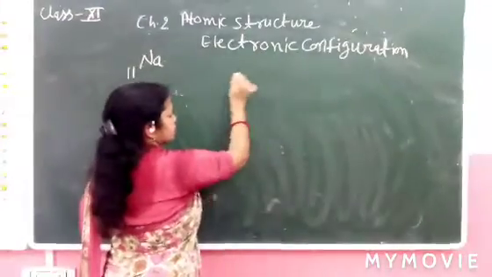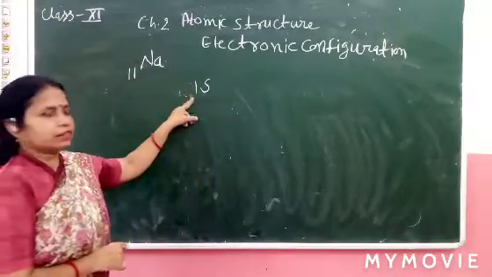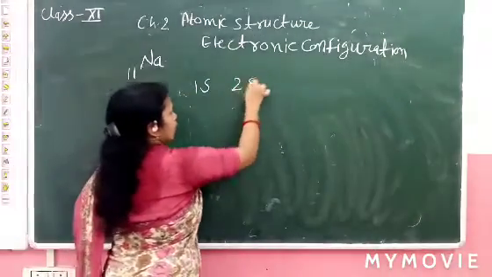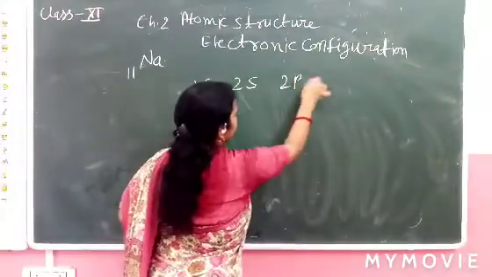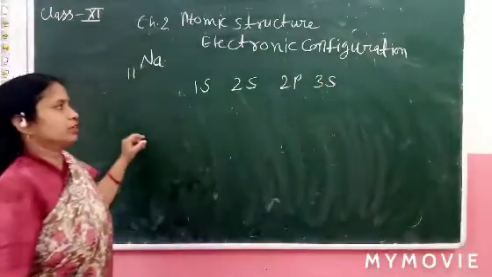We already discussed the energy order, so you have to learn the energy order: 1s, 2s, 2p, 3s and 3p, 4d, and so on.